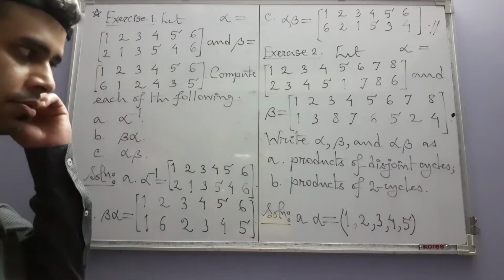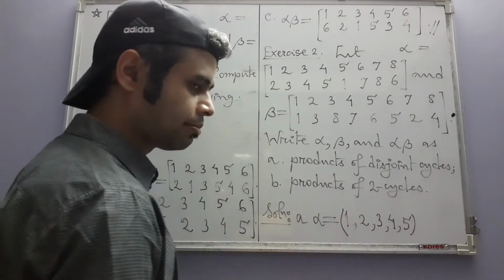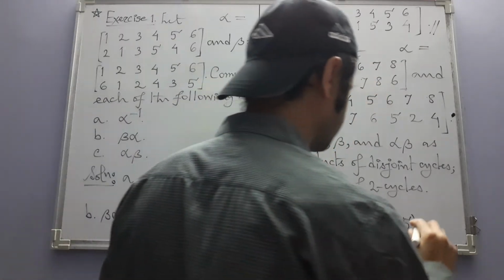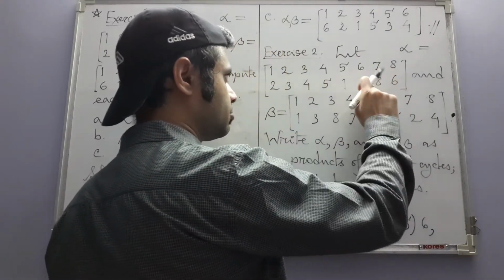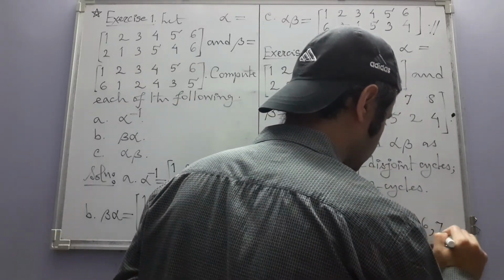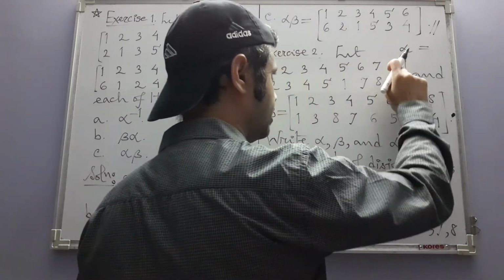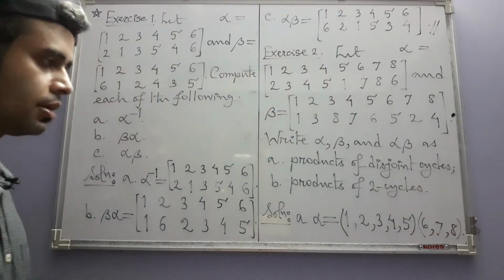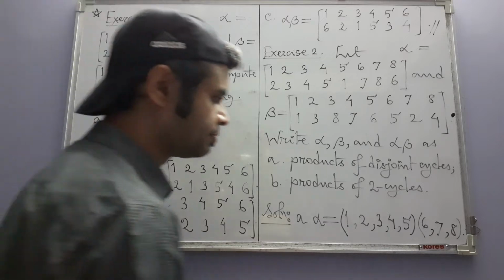So this is one of the cycles, and whatever is not appearing here, you can then take any one of them. Say 6, 6 to 7, 7 to 8, and 8 again goes back to 6. So this is the disjoint cycle decomposition of alpha.